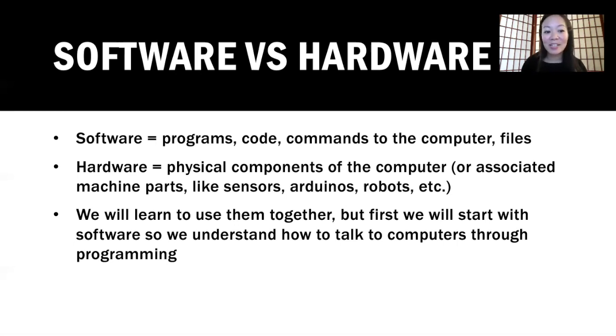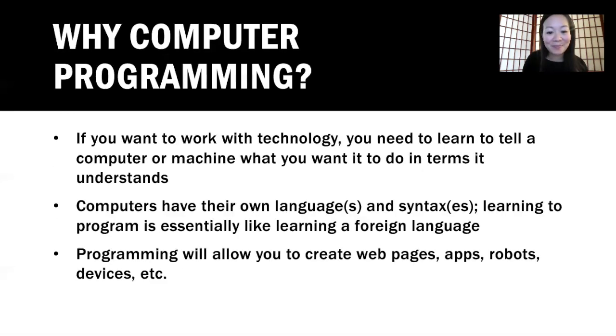But that said, even when you're running software, like you're running an app or you're running Microsoft Word or even PowerPoint or Zoom, those are all software. You still need some hardware to interface with it, like a keyboard and a monitor and a microphone and things like that. So we're going to start with the software, so we just understand how to talk to computers first, and then we'll move on to the hardware.